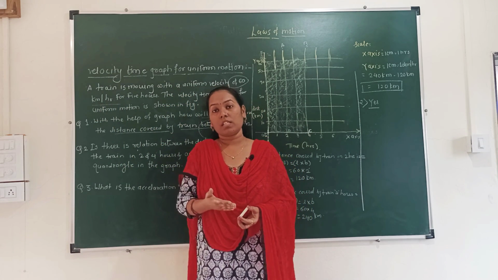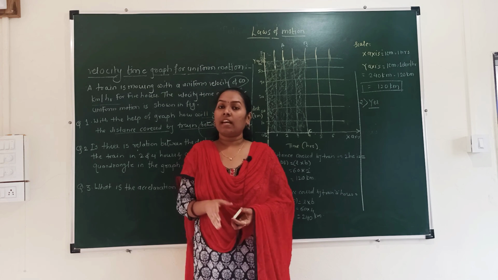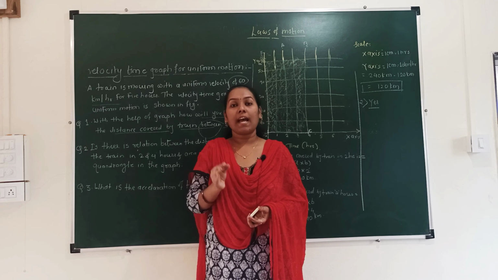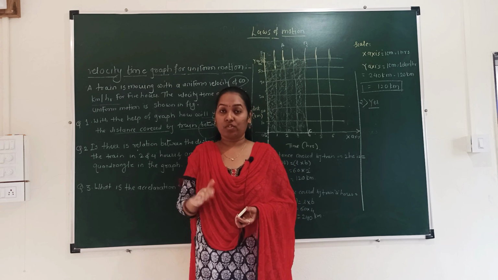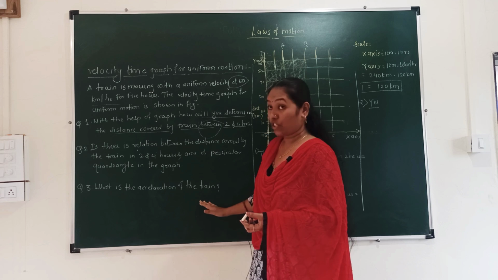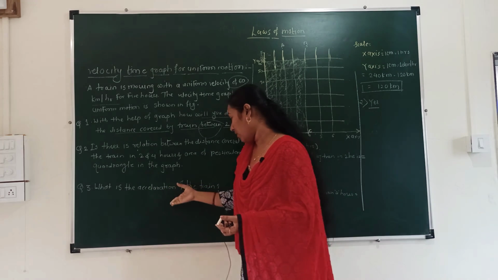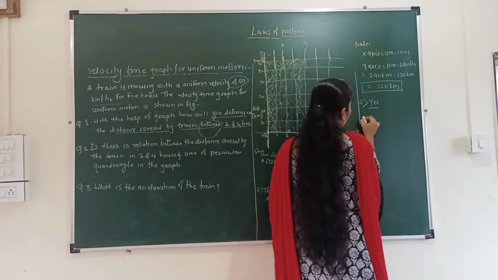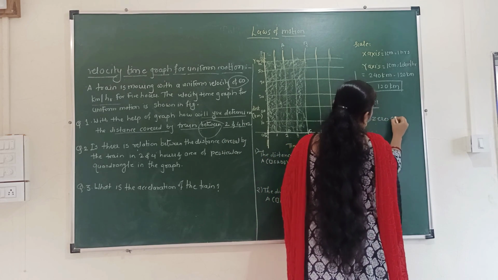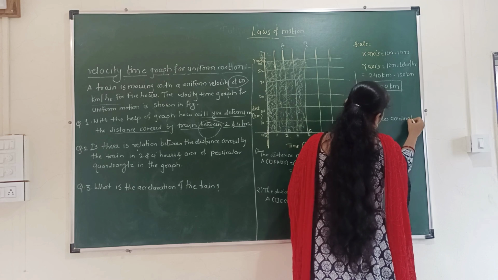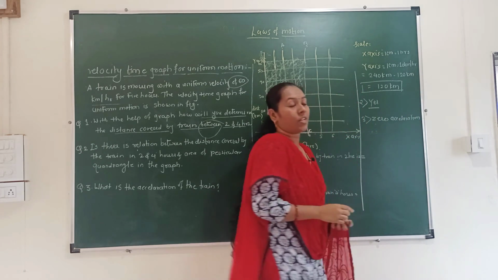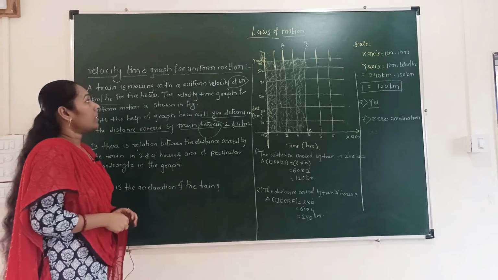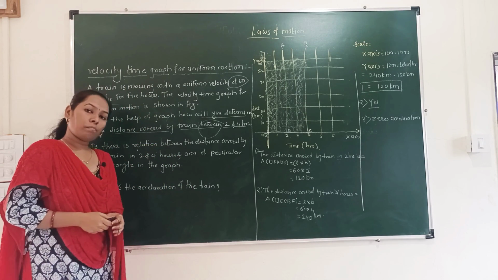Therefore, if the velocity remains constant, then there is no acceleration. So the acceleration is zero. The answer of question number 3, what is the acceleration of the train, is zero acceleration.